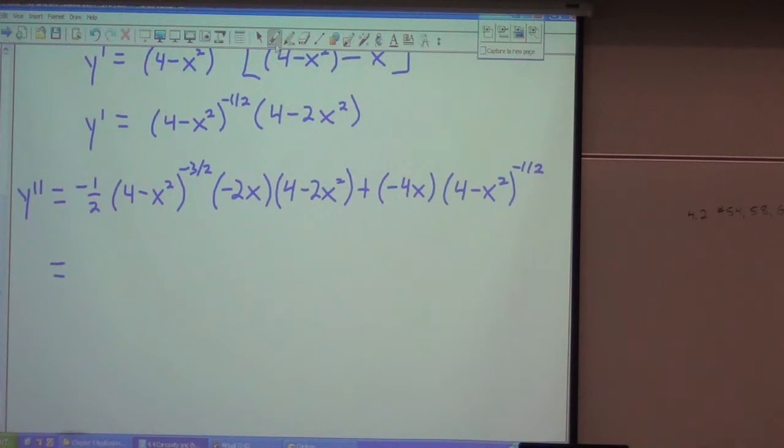So let's see here. Cancel some things out. Negative makes a positive. Half cancels the 2. Nothing over here. We've got 4 minus x squared raised to a power in both terms, so we can take it out to the lowest power, to the negative 3/2.